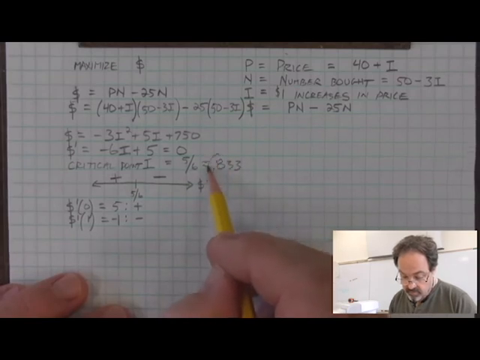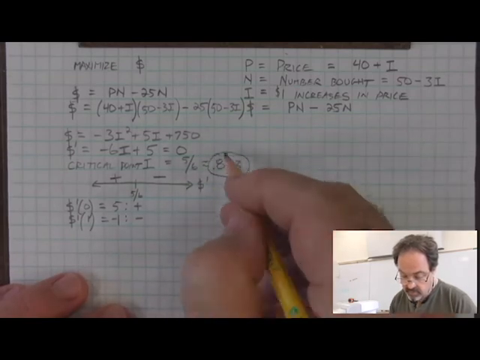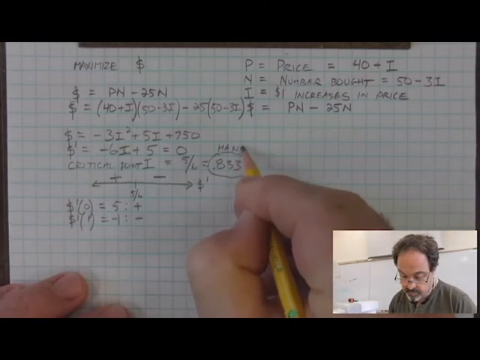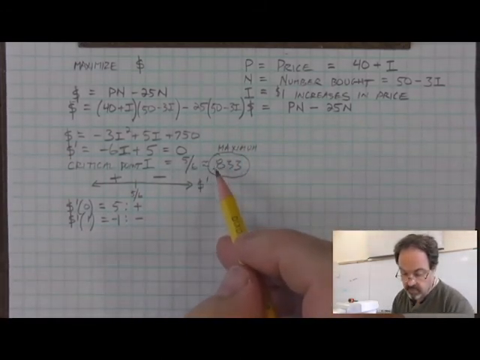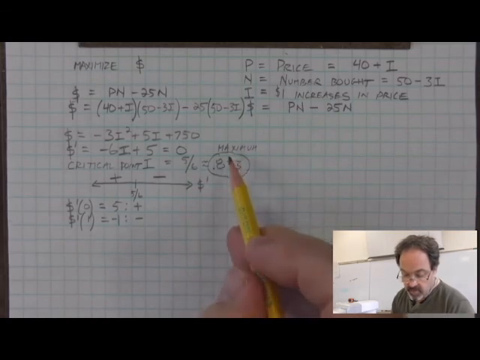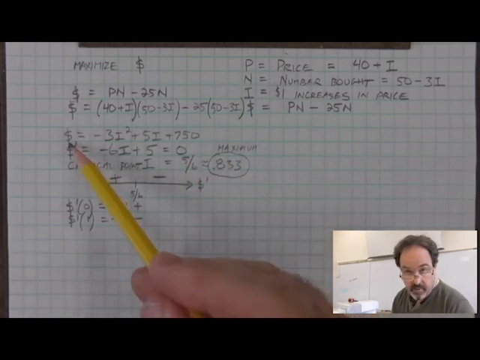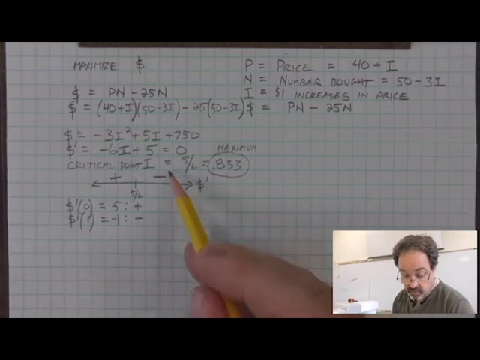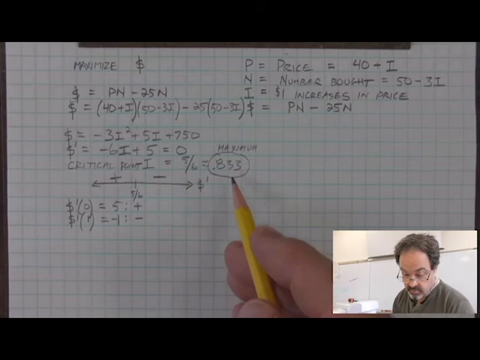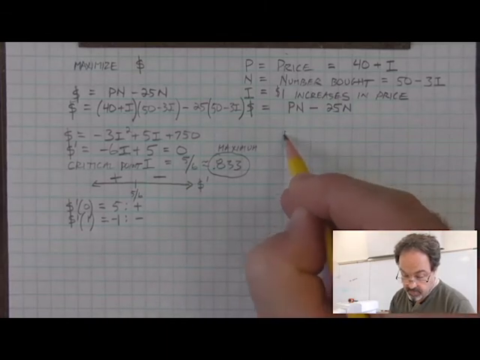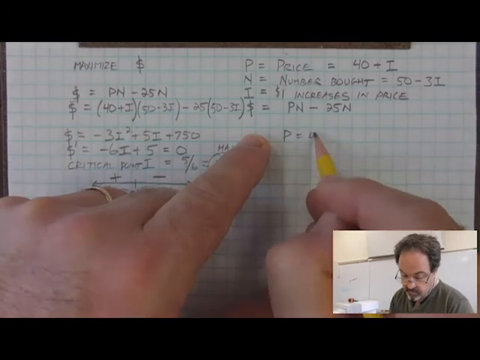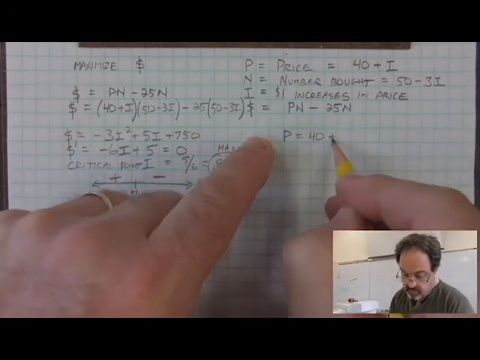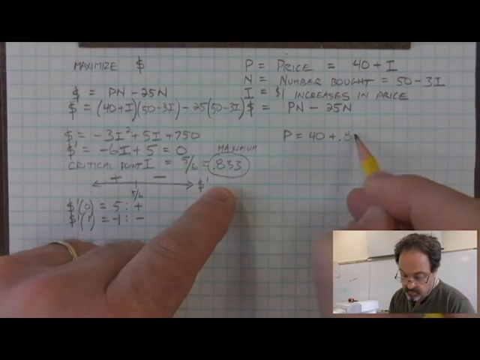So this is a maximum. That means that I will have a maximum profit with an increase in price of approximately 83 cents. My price then is equal to 40 plus that price increase.